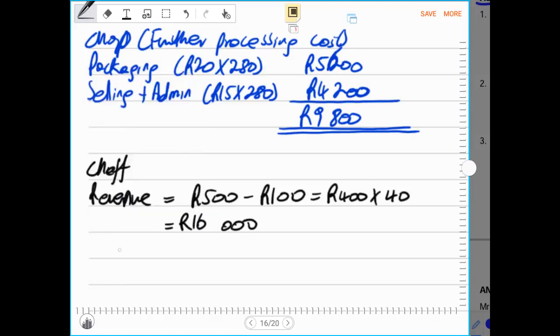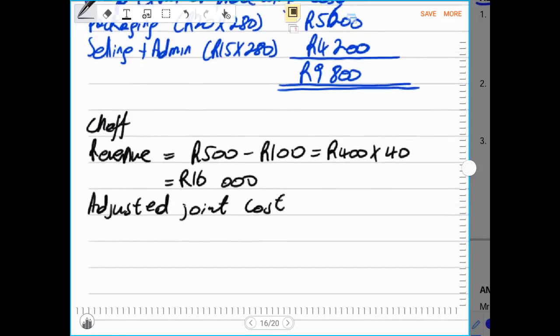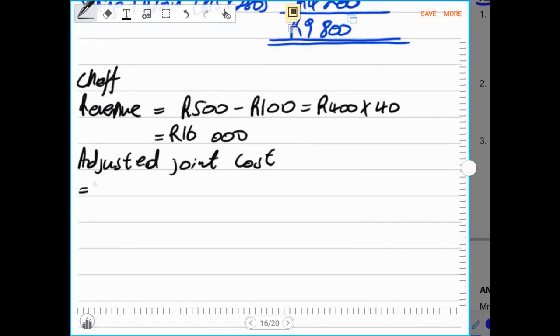Then we will have to get what we call adjusted joint cost. Our adjusted joint cost will be the joint cost that were calculated as 4,312,000 minus 16,000 rands.